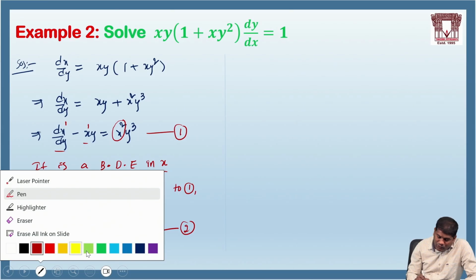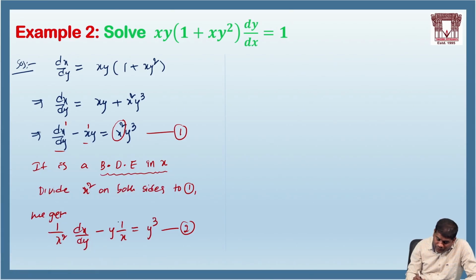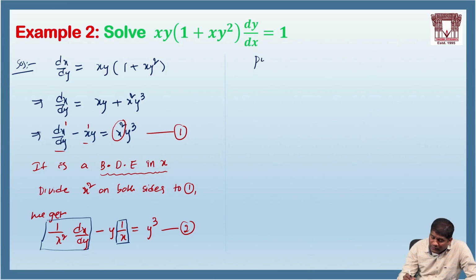Now we have to substitute 1/x is equal to u. Then we can get the derivative: 1/x² into dx/dy is equal to some quantity. So we have to substitute u is equal to 1/x.